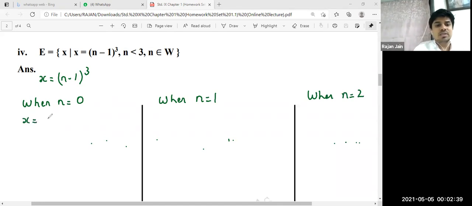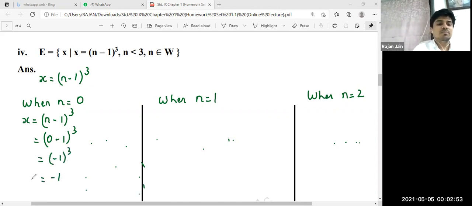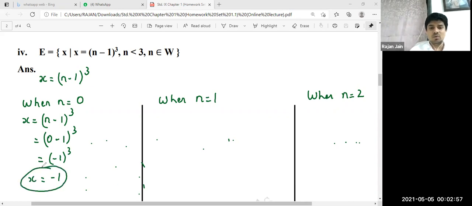Now x का first, I'll write the formula n minus 1 the whole cube. n के जगह पे I'll substitute 0. So I'll get 0 minus 1 the whole cube, which is minus 1 का cube, and minus 1 का cube is minus 1. So this is my first value of x that I have got.